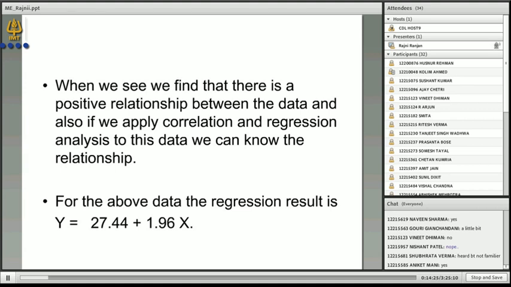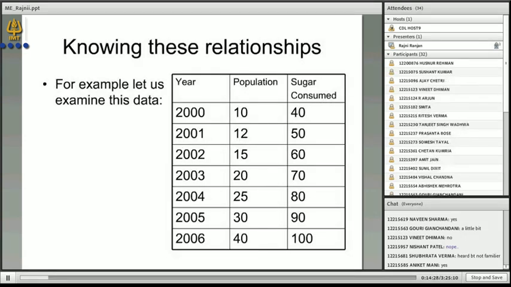For example, for the given data on population and sugar consumed, when we work out the correlation coefficient, it will be a positive correlation coefficient.